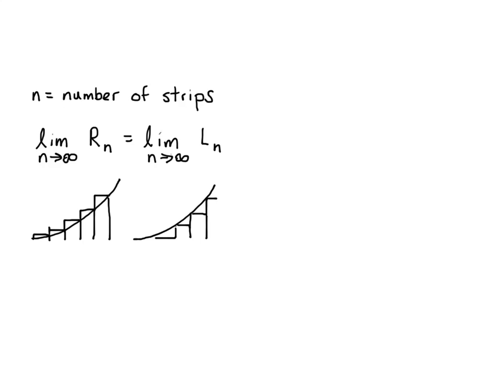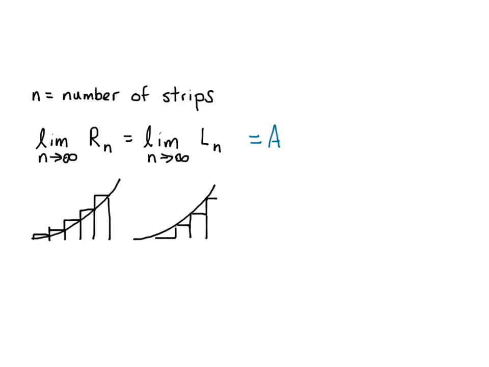Partitions is the one that's normally used when you start talking analysis. The more we get, the closer we'll get, all the way to the point where if we have infinitely many, we should approach the true value. And so you would expect the right and the left sums for the same number of intervals, as they go to infinity, to be equal. So anybody remember there's a theorem that will tell us something about this here?